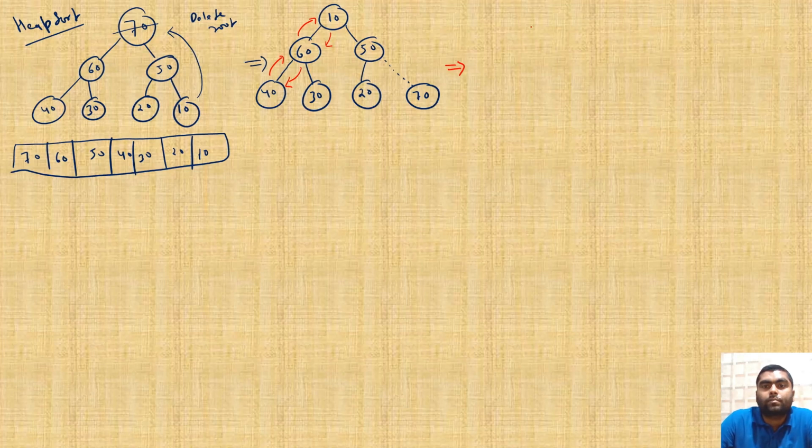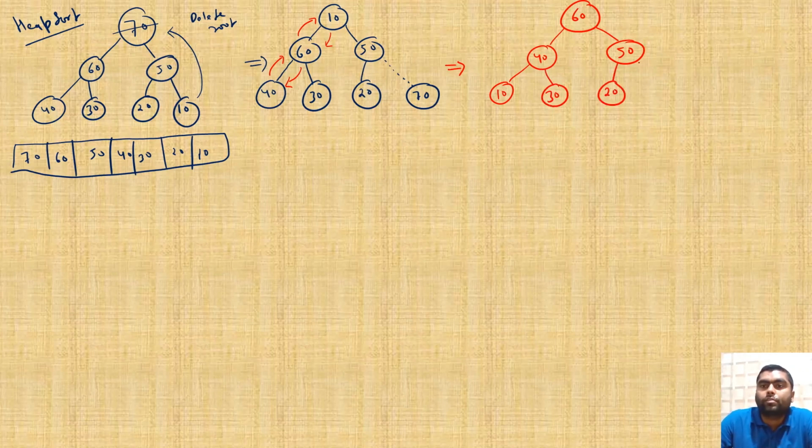So now next, what will be the answer? 60 at the root, then left is 40 and right is 50, and left side is 10 and right is 30, and left is 20, and the sorted value is 70. So this is sorted. Okay, so the next element to be deleted, so delete the root.